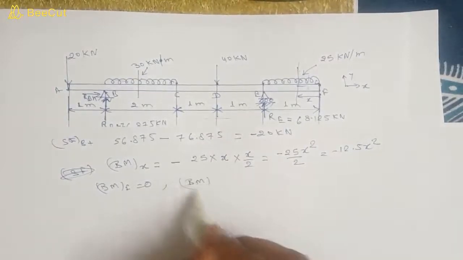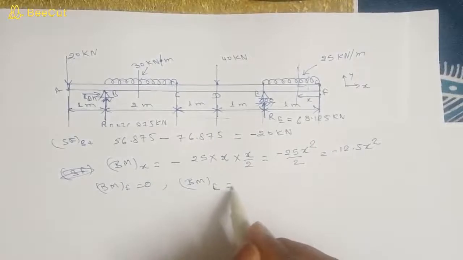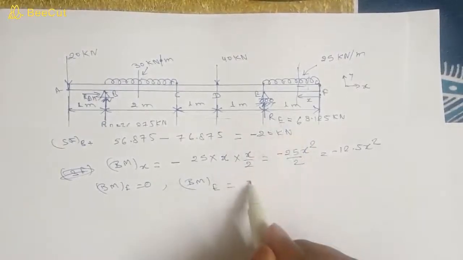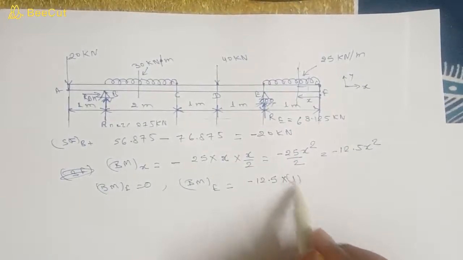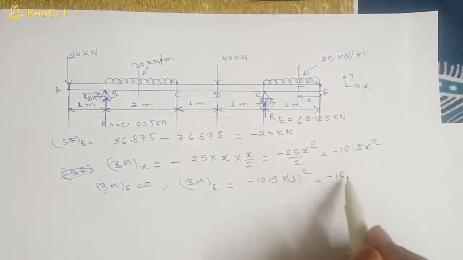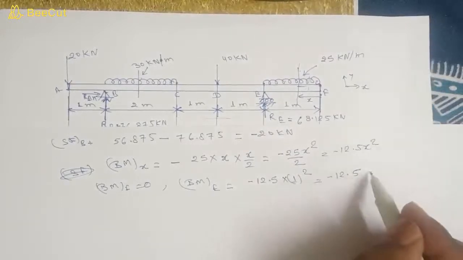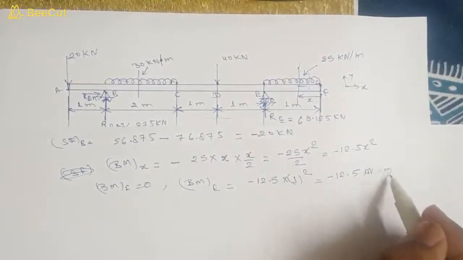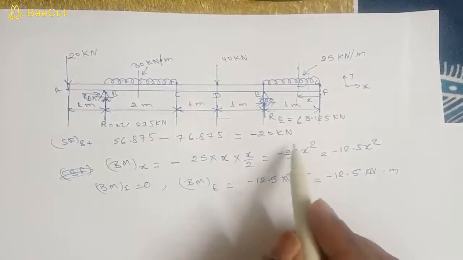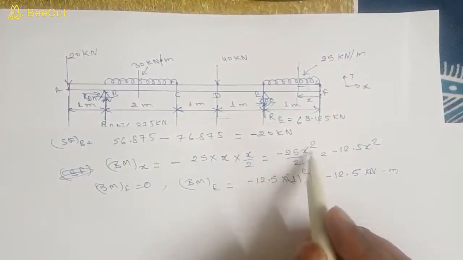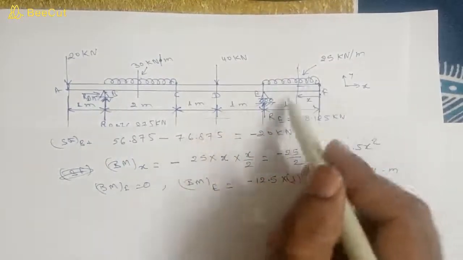Bending moment at E is equal to, this is 1 meter, so we write x equal to 1, so it will become minus 12.5 kilonewton meter. Okay, so we will draw it. You see, this is the equation of a parabola. So the bending moment variation will be parabolic in this length.